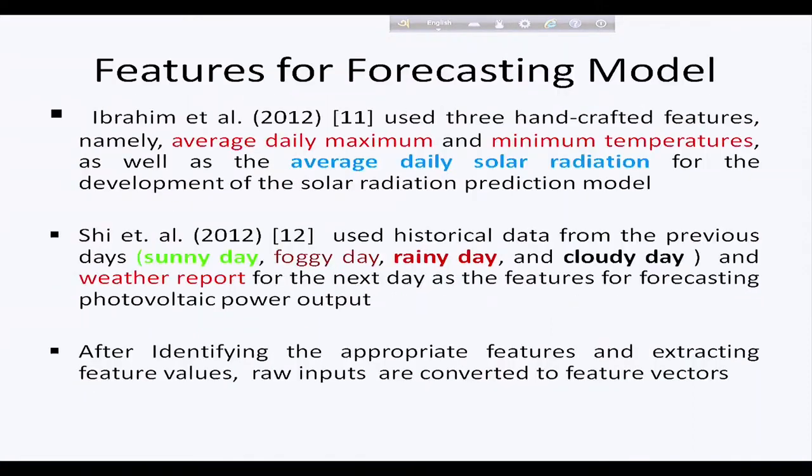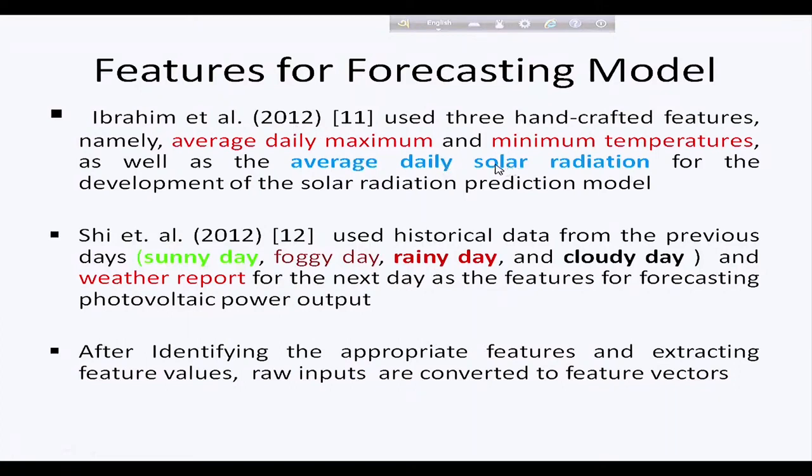Let's take some examples. In this particular work, Ibrahim et al. 2012 developed a solar radiation prediction model, and the feature they applied was the average daily maximum and minimum temperature.